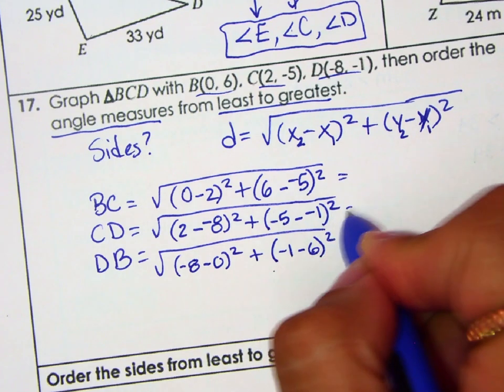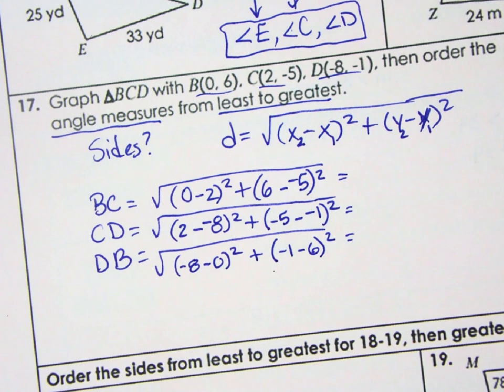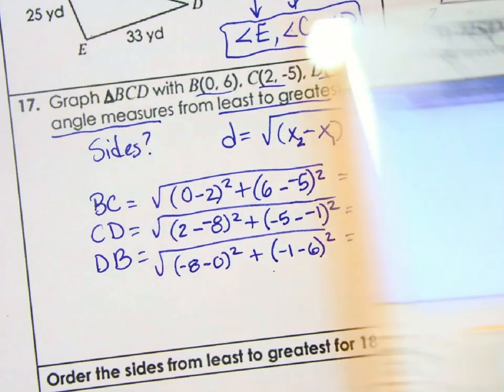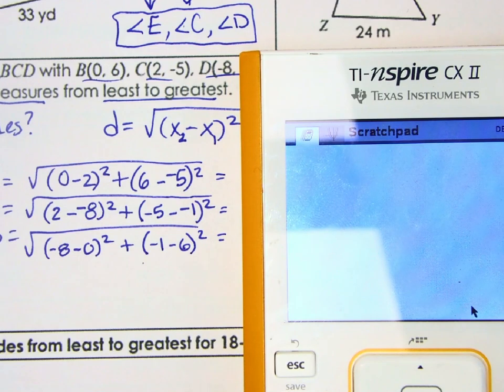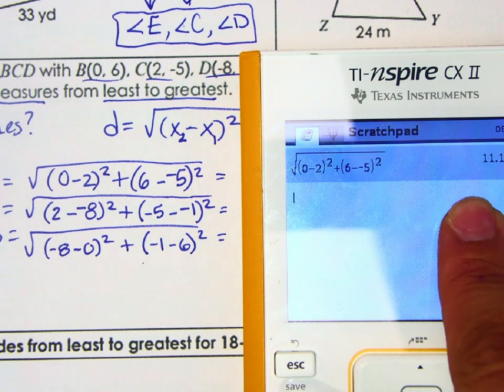So it is very time consuming to type these in the calculator, but it's doable. So I'm going to just type these in the calculator, and we have square root of 0 minus 2 squared plus 6 minus negative 5 squared, and that's one of them.